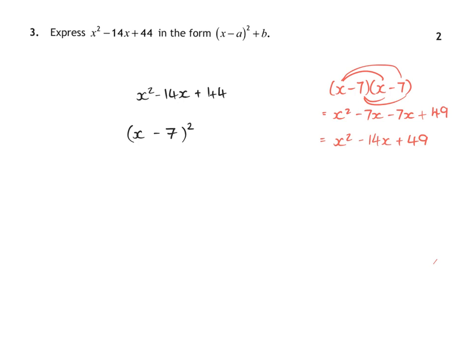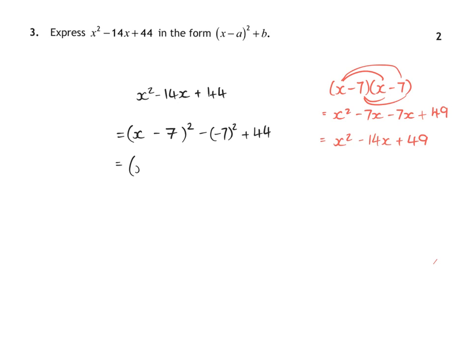So we've got our x squared minus 14x, but we've got plus 49, and we need plus 44. So from here, we need to subtract that minus 7 squared, so subtract that 49, and then add on 44.